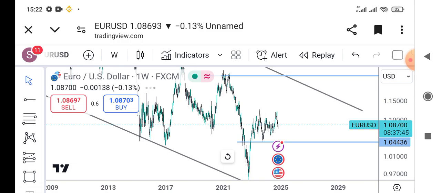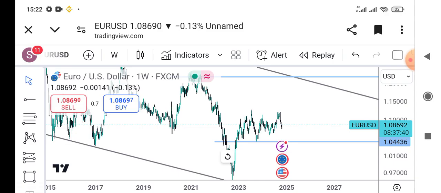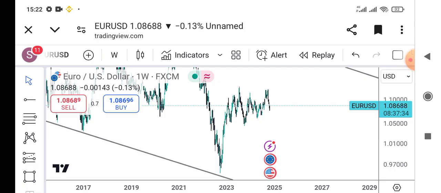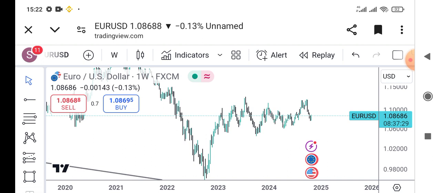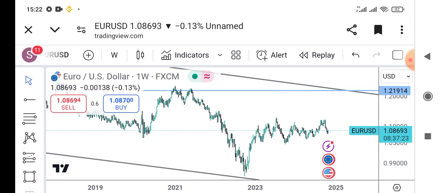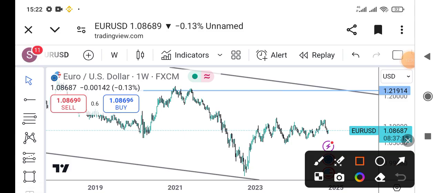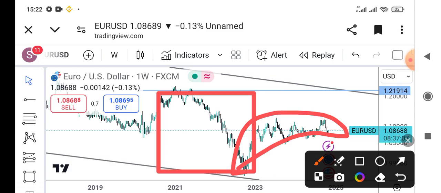So after that one, let me just remove this one. I want to narrow to this other correction, because now in this section you are able to see, this section up to here, that one is an impulse, while this part is correction.